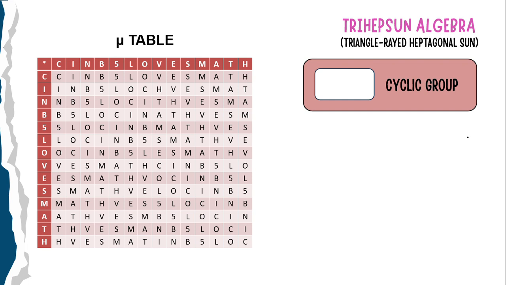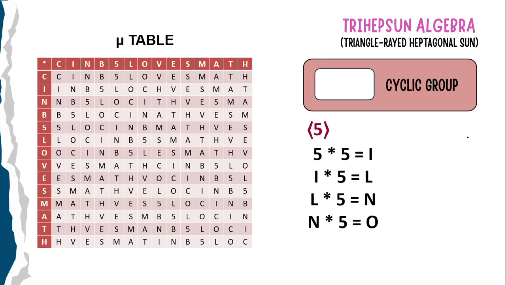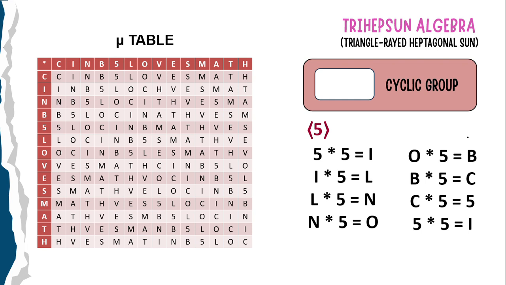For 5, by doing the same process, we have these results. As we can see, I is being repeated, so we stop generating more since the results will be the same as the consecutive ones.